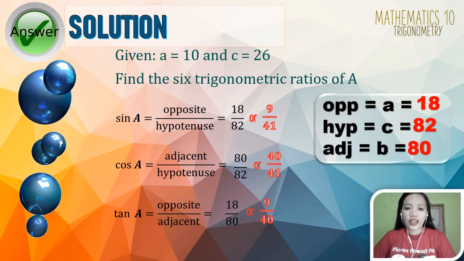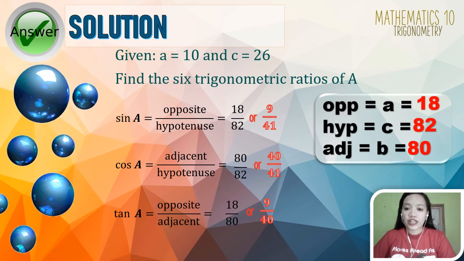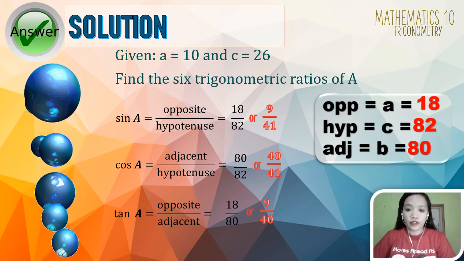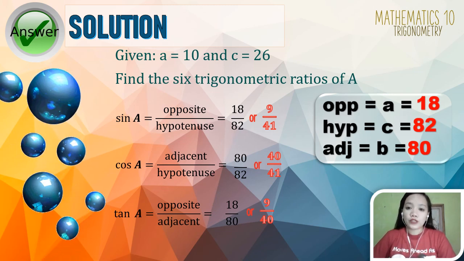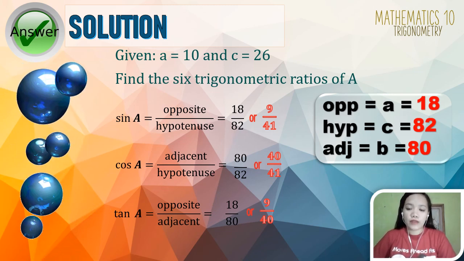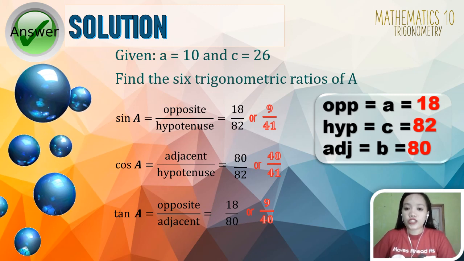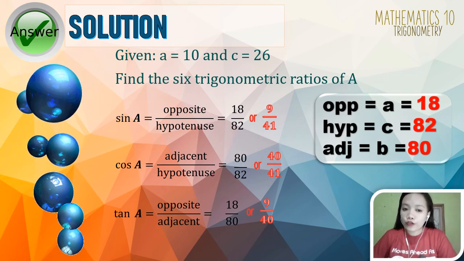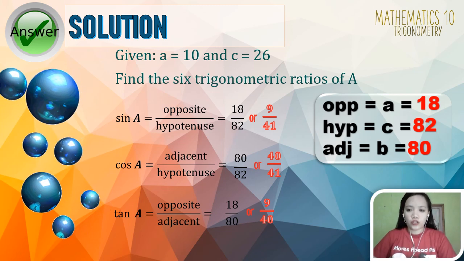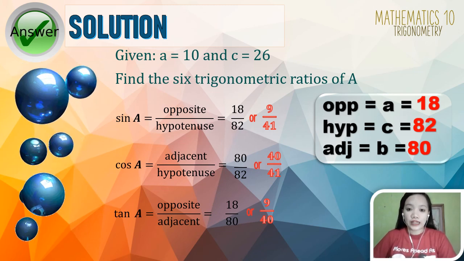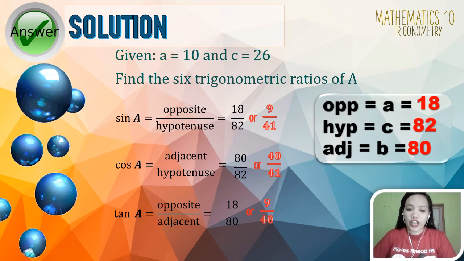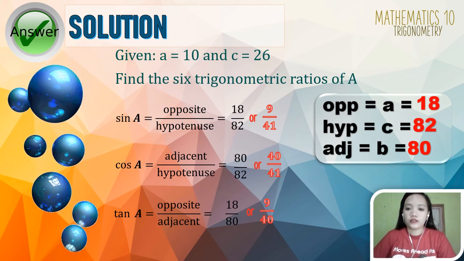So we're able to get already the 3 trigonometric ratios. And of course, to get the remaining 3 trigonometric ratios, which are the reciprocals of the first 3, we just reciprocate our answers for sine, cosine, and tangent.